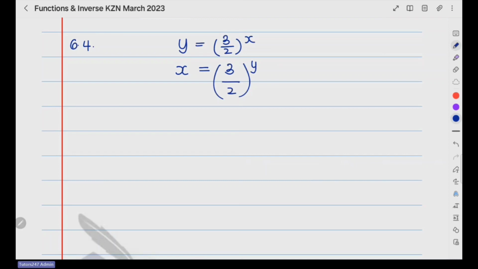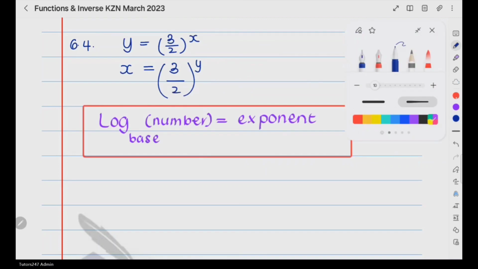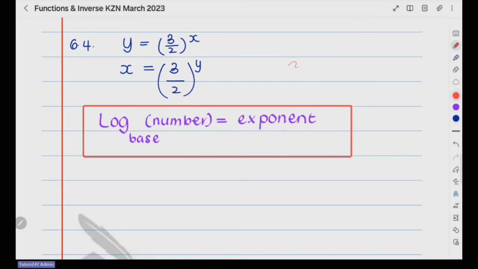So because we are solving for an exponent, we need to make the bases the same so that we can drop them. However, in this particular case, we can't make the bases the same, so we use our log rule. Our log rule states log base number equals exponent. So we know the base is 3 over 2. We know the exponent is y. And that means that the number is x.